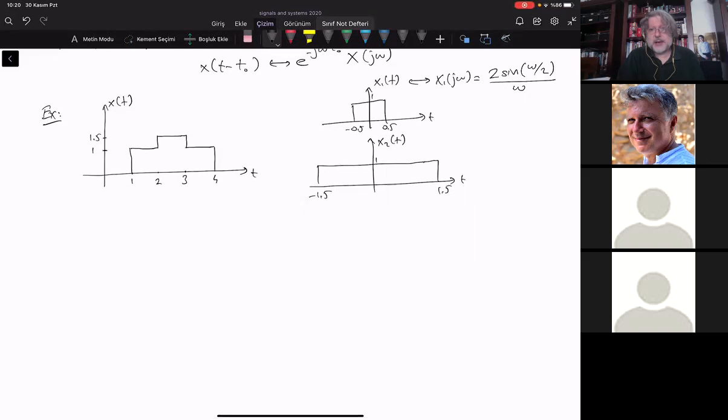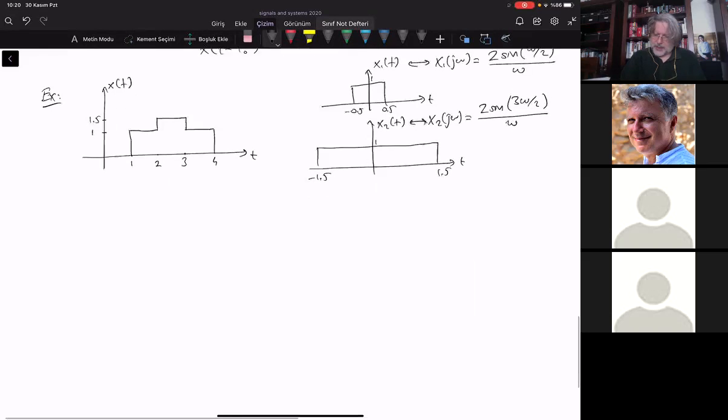You don't have to derive the Fourier transform of this one again. And similarly here, x2 of j omega will be equal to 2 sine 3 omega over 2 divided by omega.